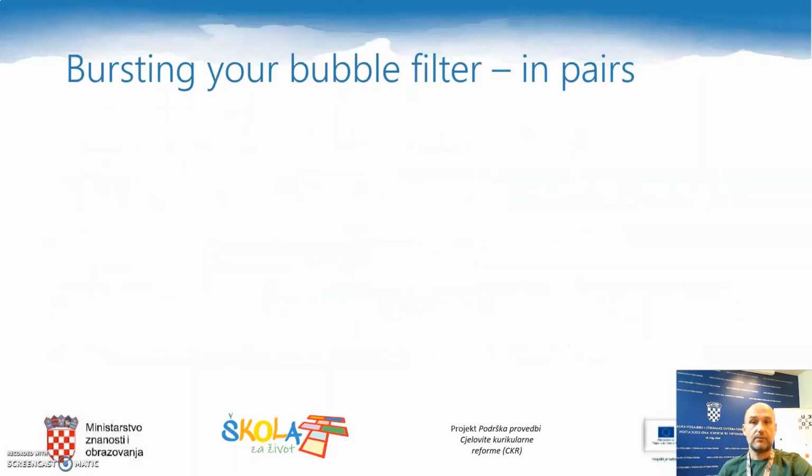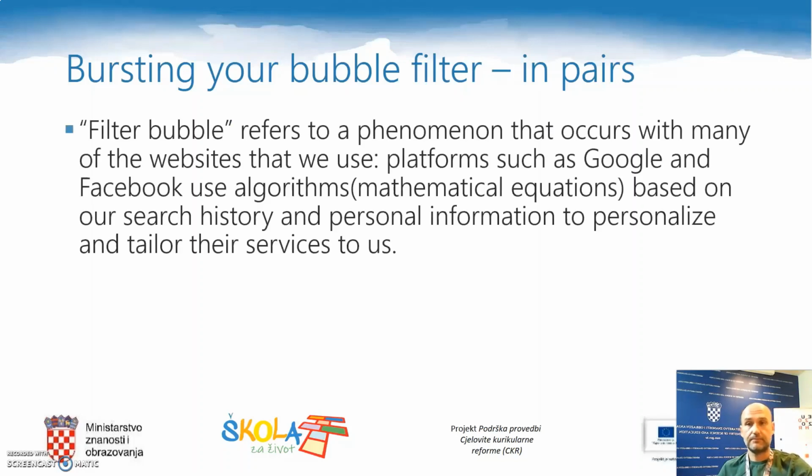And activity number 3, bursting your filter bubble. This is an activity that you can do in pairs. First of all, filter bubble refers to a phenomenon that occurs with many of the websites that we use. Platforms such as Google and Facebook use algorithms, or mathematical equations, based on our search history and personal information to personalize and tailor their services to us.